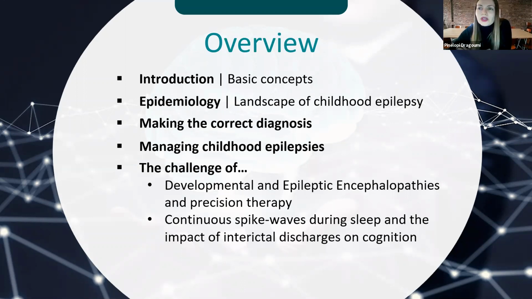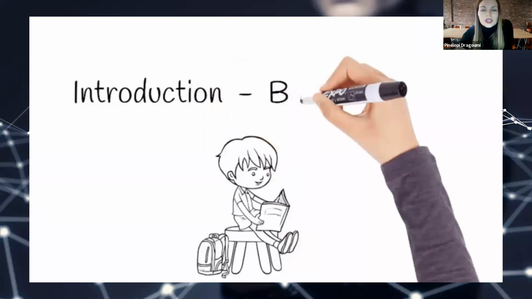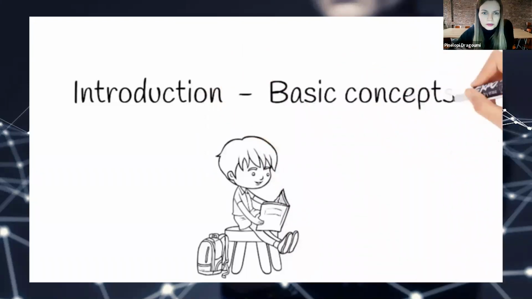And then we're going to end up with a very interesting part as well that relates to the encephalopathy characterized by continuous spike and waves during sleep, which is something that we also mostly see as child neurologists. And we're going to think a little bit about what is the impact of the interictal discharges on cognition and behavior. So let's start off with an introduction and some basic concepts.